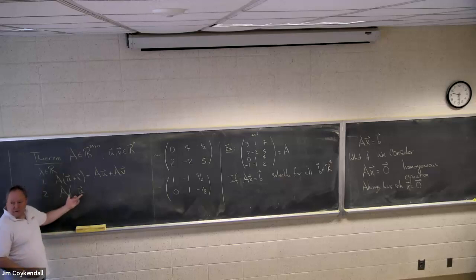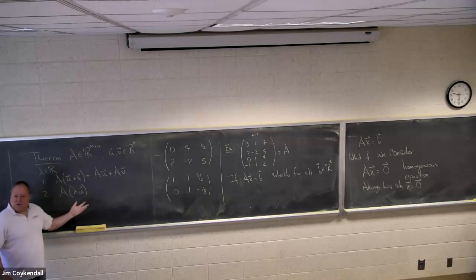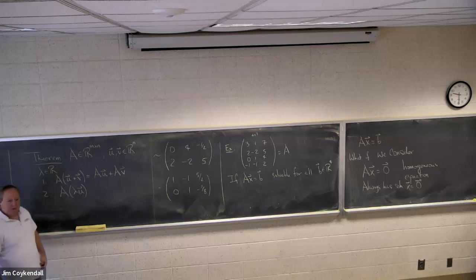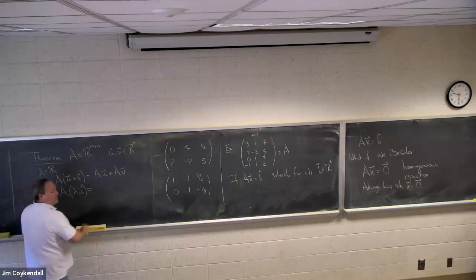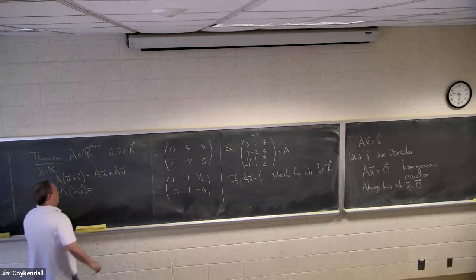Okay, so A times U is just this m by n matrix times this n by 1 vector. What happens if I multiply that by a number? What do you suppose happens? Well, you're just multiplying the vector by a number, so you still get a vector output.